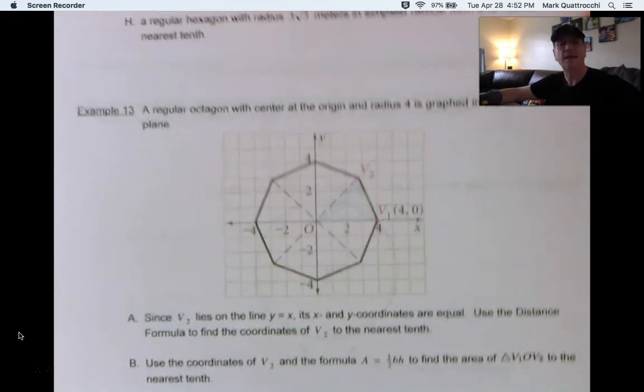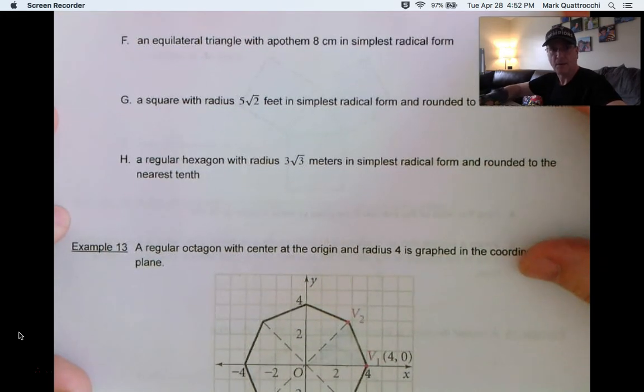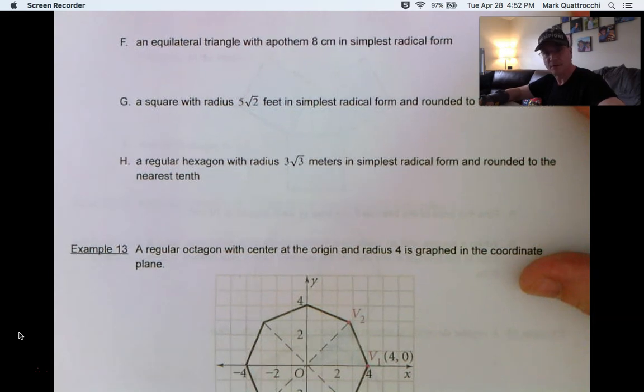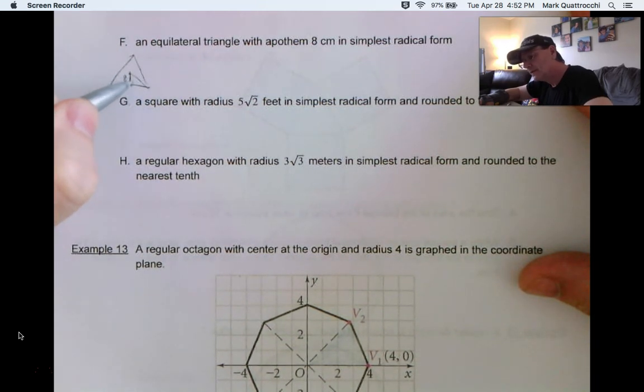Example 12, part F. An equilateral triangle with an apothem 8 in simplest radical form. So again, this time I'm giving you the apothem. It's 8. This is still 60. This is still 30.